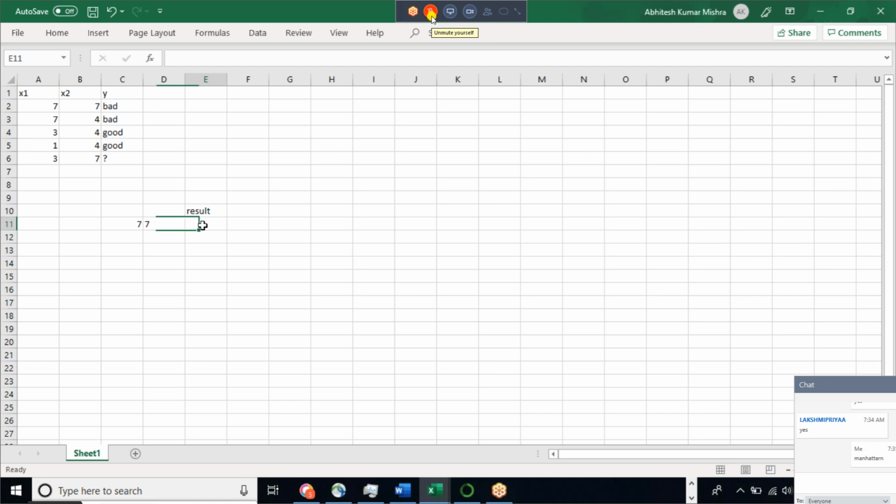These are the 2 points. This is our known point.